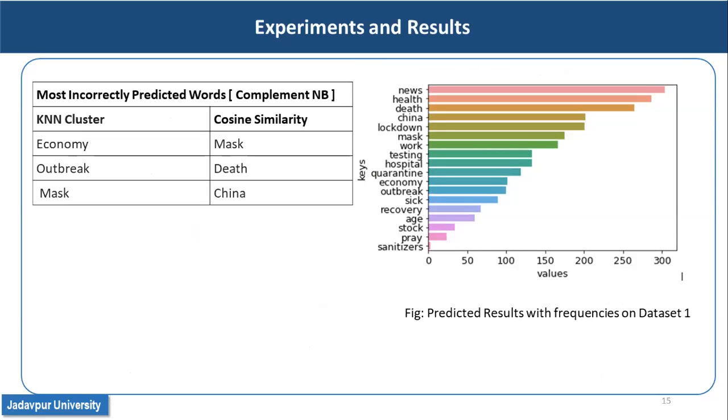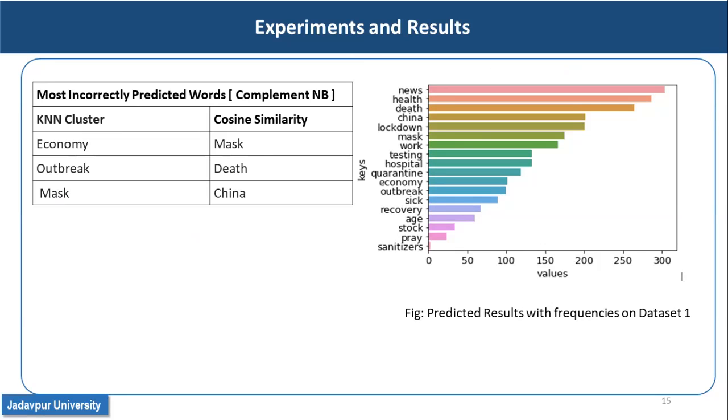And also there has been some analysis of the most incorrectly predicted words. So here are the incorrectly predicted words, and also using the KNN cluster and cosine similarity, the incorrectly predicted words have been shown.